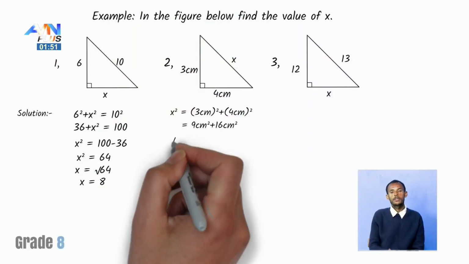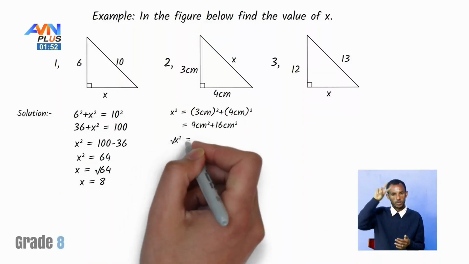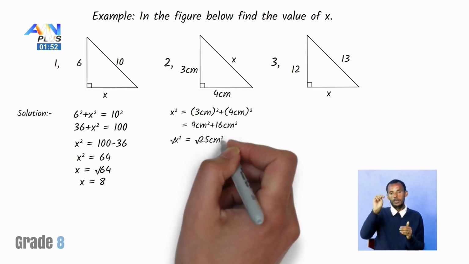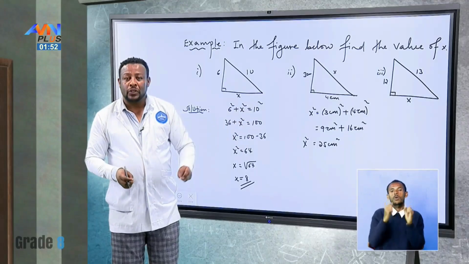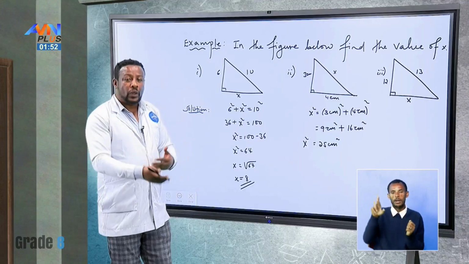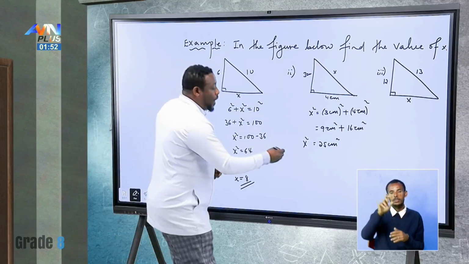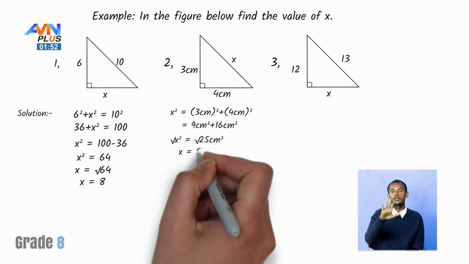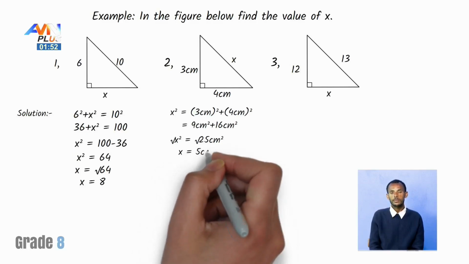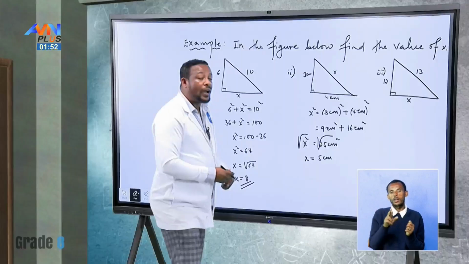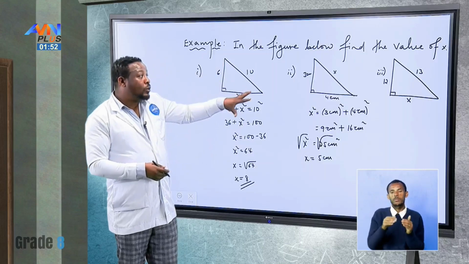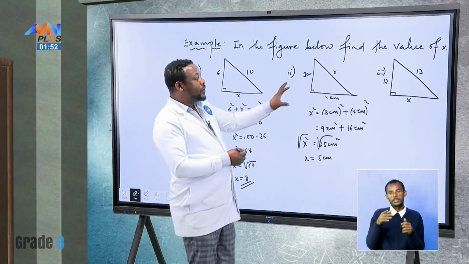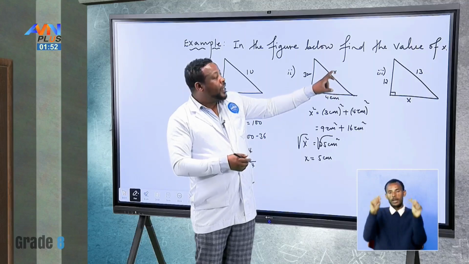So x square is equal to 25 centimeter square. You can take the radical on both sides so that you will get the value of x. So x becomes 5 centimeter. Taking the radical on both sides will give us 5 centimeter. So the length of the unknown side in the second triangle is 5 centimeter, right?